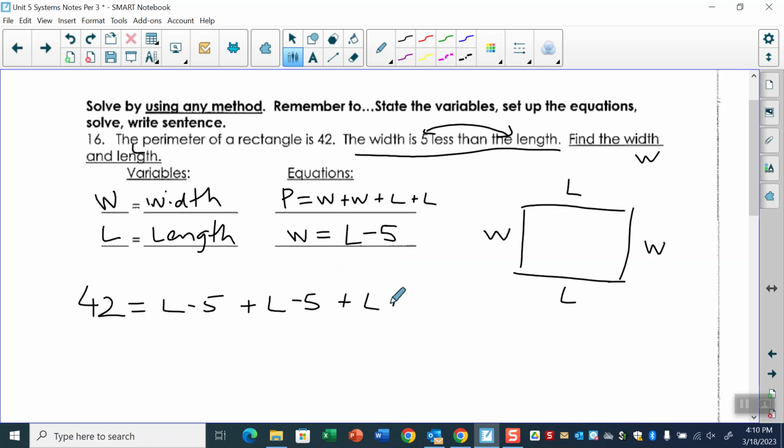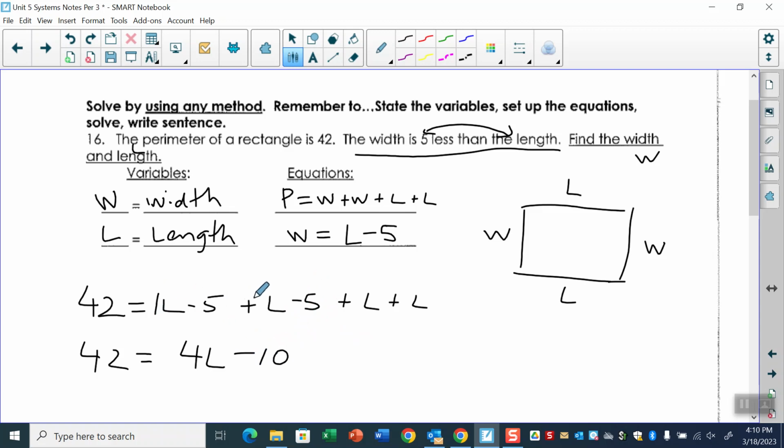Plus L plus L. So let's see, I've got 1, 2, 3, 4 L's. And then I've got minus 5, minus 5. So that is minus 10.